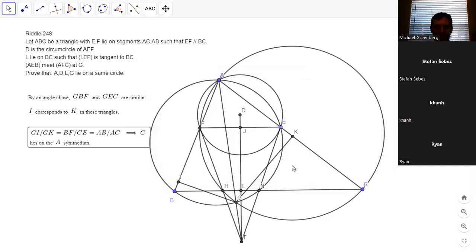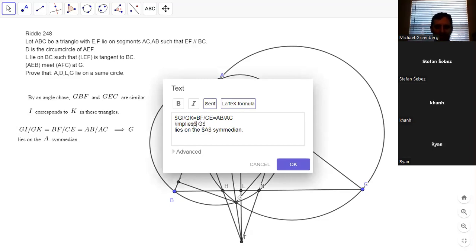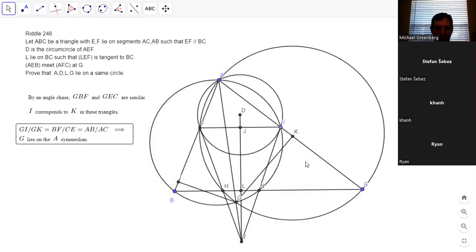See if that works. That's not great. Okay. G lies on it.